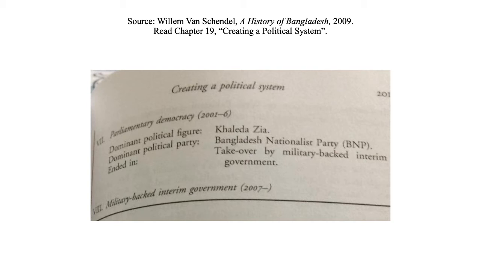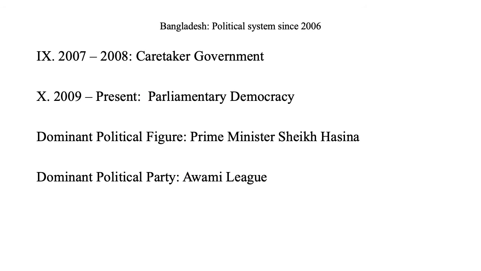Phase 8, the military backed interim government from 2007. So, the phase 9 of Bangladesh political system from 2007 to 2008, there was caretaker government, and phase 10, 2009 onwards, Bangladesh has parliamentary democracy.